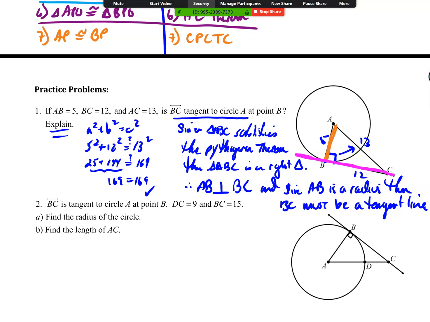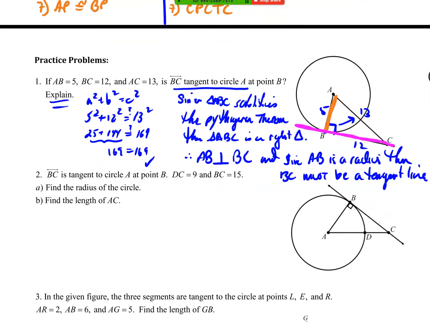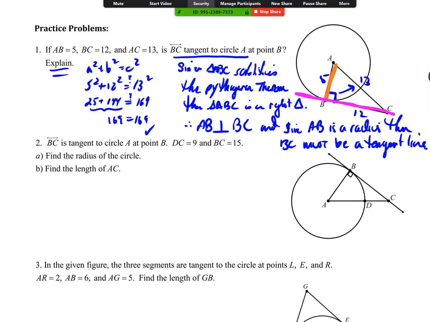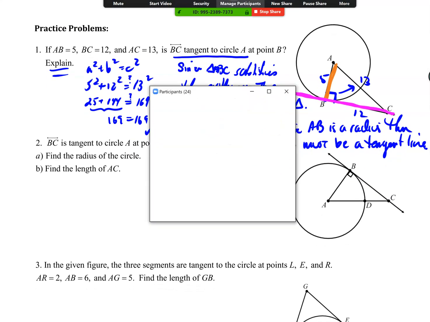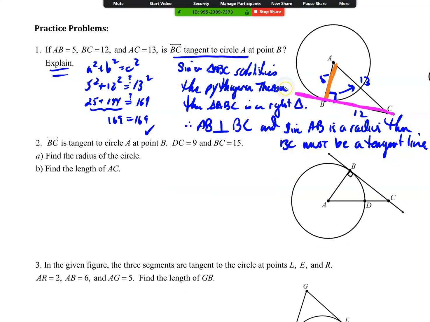So in order for this to be a tangent line, it has to be perpendicular. If it's perpendicular, then the Pythagorean theorem must be true. And if you can prove that, then you've proved the whole thing. So that's one example of how we can go through these kinds of questions and change that thought process. All right.